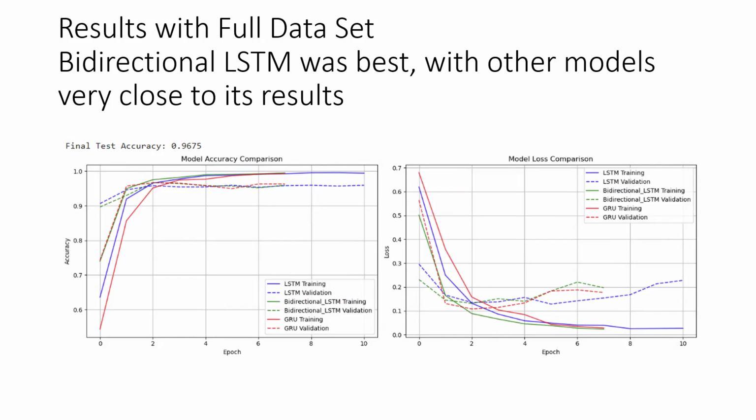Bidirectional LSTM is green and GRU is red. So we can see that GRU is lagging behind LSTM, and LSTM is behind bidirectional LSTM, which is why bidirectional LSTM came out best. Similarly, looking at the model loss comparison, we can see again GRU is lagging behind LSTM, and then LSTM is lagging behind bidirectional LSTM.